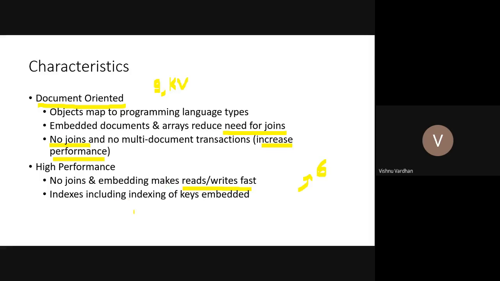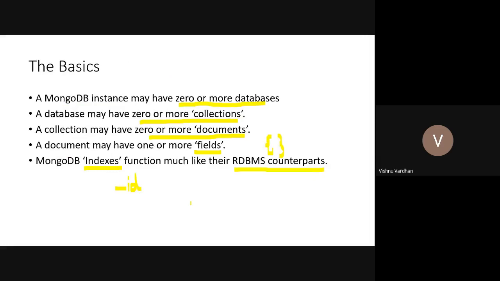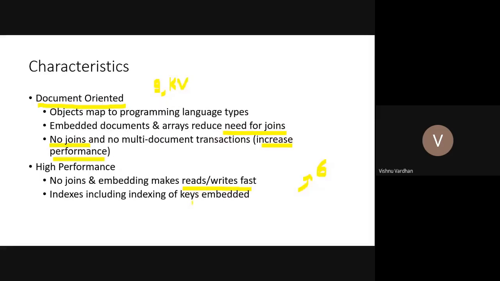And indexes, including indexes of the keys, which are also available in that given JSON document. So naturally the indexing is already embedded, so thereby you don't have to set up a separate index as we do with the normal RDBMS software.